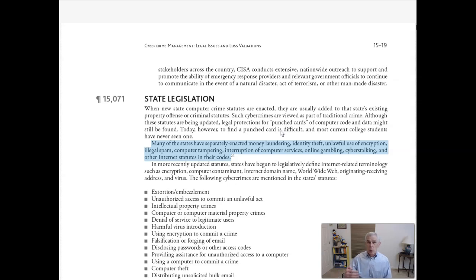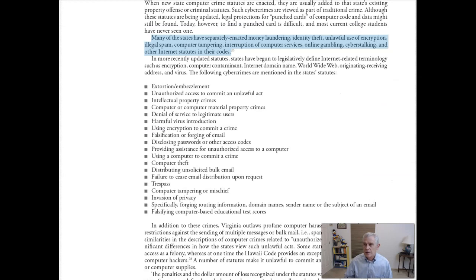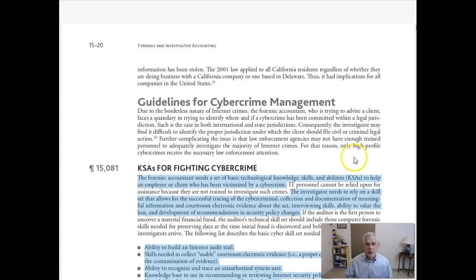It's becoming more prevalent these days, so they're defining it better in state law, and maybe putting dollar amounts down where if you pass a certain threshold, it's not just, say, petty theft. It could fall under the cybercrime laws for that state. So you can read down through this yourself. Let's go to the next page.